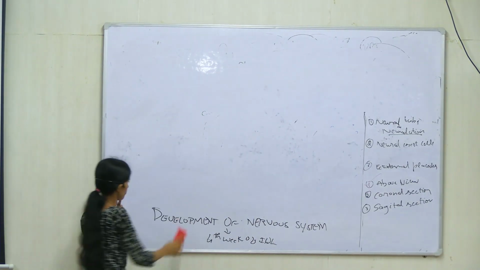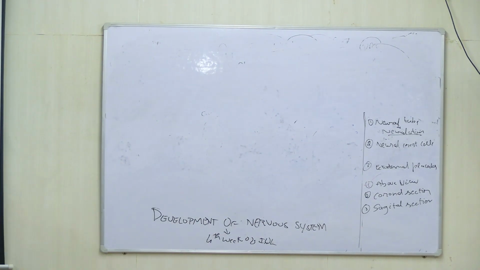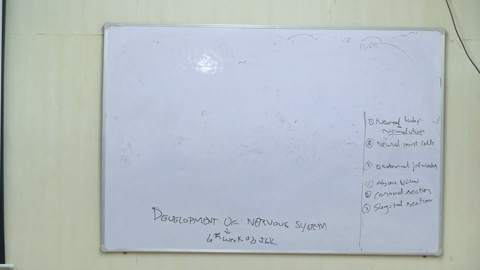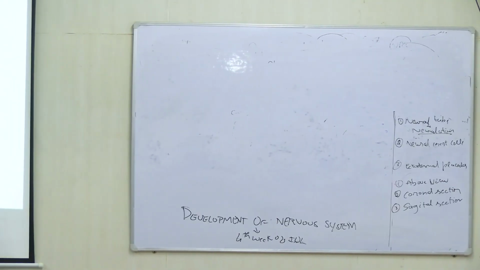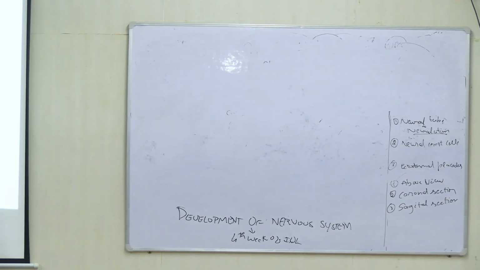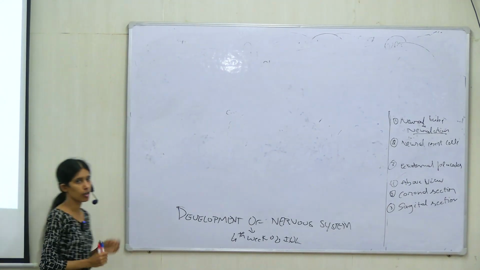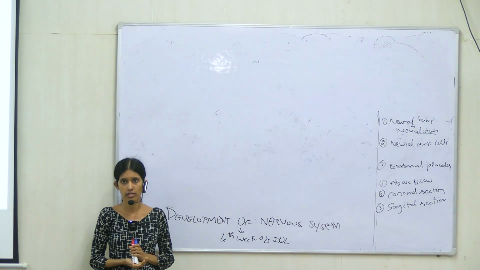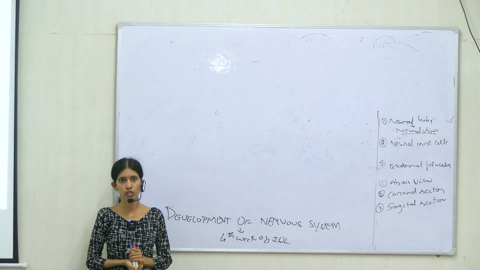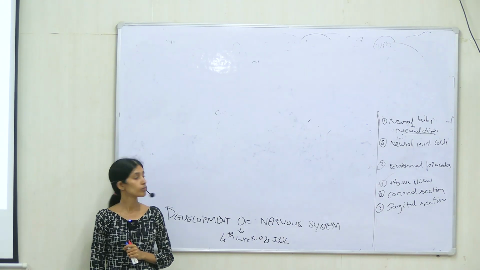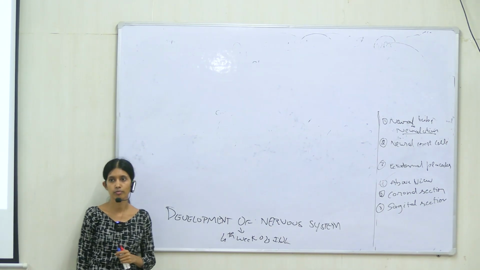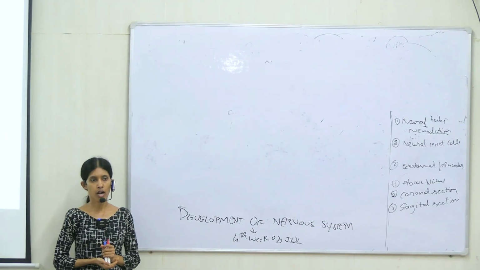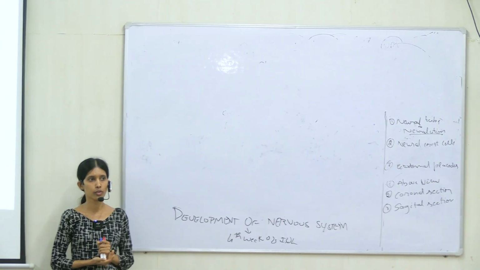What are all the structures we can see in the coronal section of the embryo? During the folding of the embryo, we have already studied the coronal section and sagittal section.